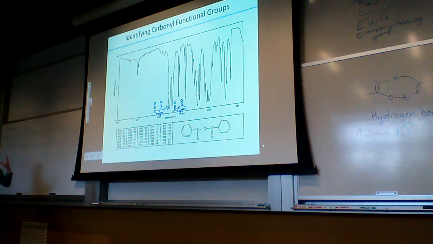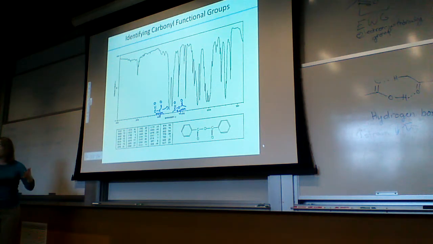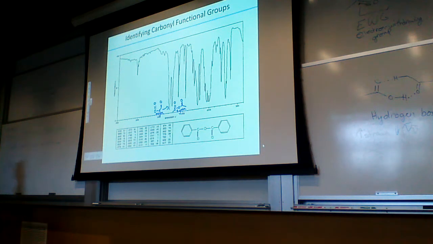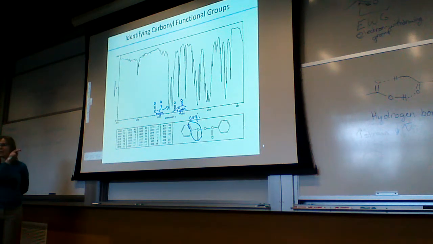So we see two stretches, one asymmetric and one symmetric. These are shifted a little bit down from the base values, which were 1810 and 1760. This is 1780 and 1720, but it's because they're conjugated. They have an aromatic ring on either side here, making a conjugated carbonyl. So even though you see the anhydride there, you have to be careful with the base values we're looking at. They're conjugated, so they shift down.